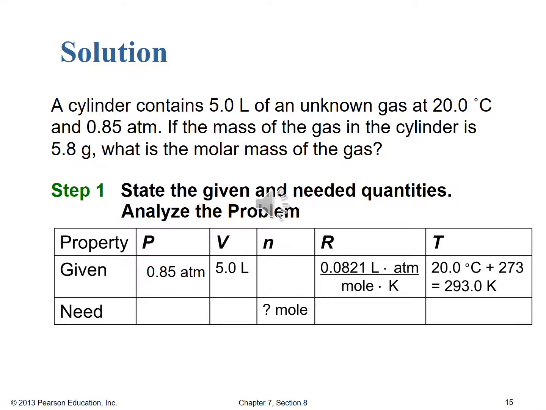For number of moles, that's what we're looking for, and we know that the ideal gas law requires the ideal gas constant. In this case, since we have pressure in atmospheres, we'll use the 0.0821 liter atmosphere per mole Kelvin form of the ideal gas constant.